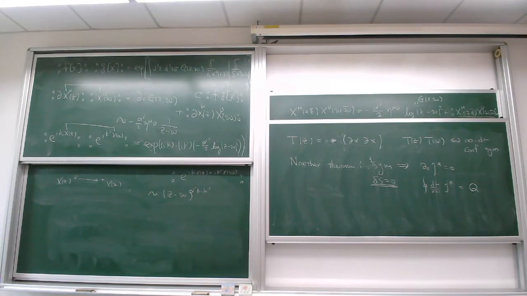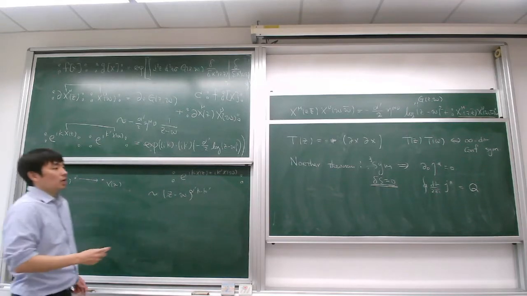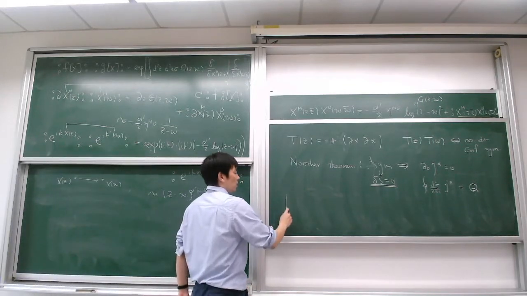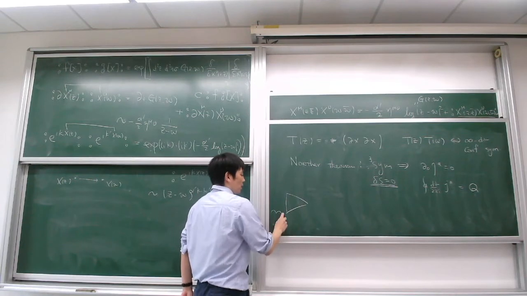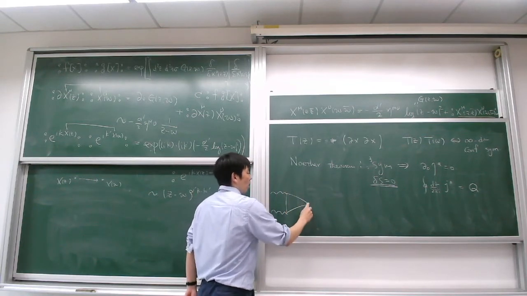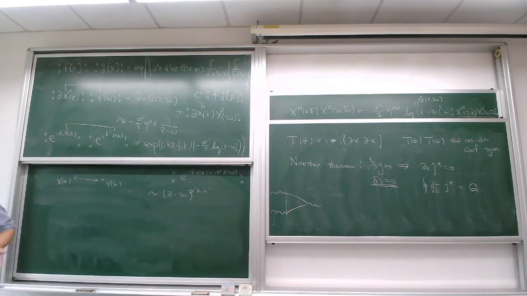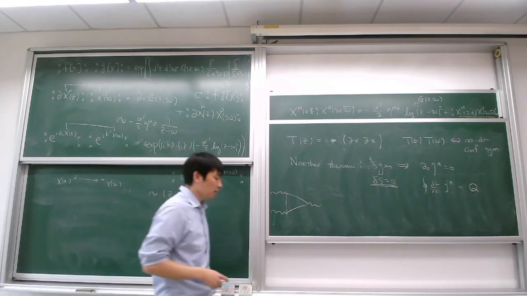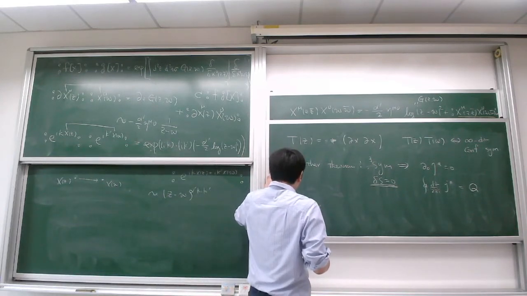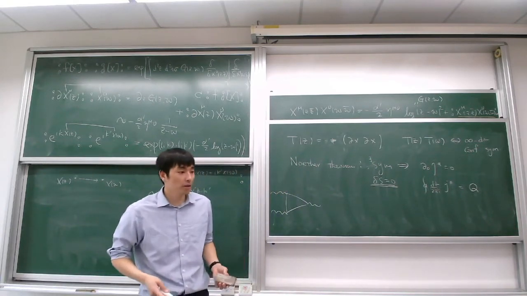Otherwise, it's anomalous. For instance, in quantum theory you learn that the measure is not invariant in the triangle anomaly or chiral anomaly, which you learn in quantum theory 2 or something.